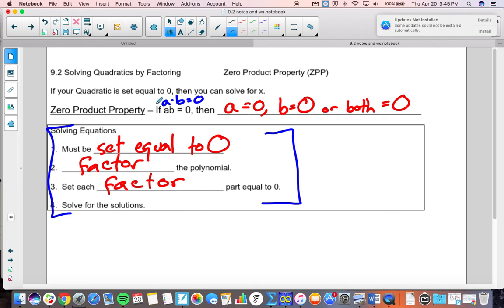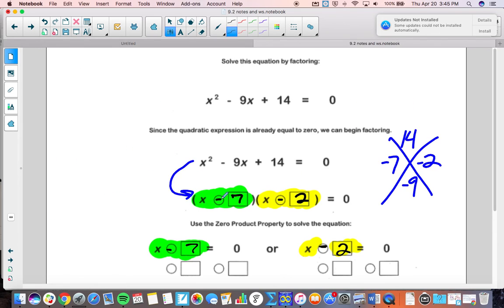That's the idea that if these two things multiply to equal 0, then one of them has to be 0. So here's the two things that I'm multiplying together. Now we're not talking numbers, we're talking expressions. When these two expressions get multiplied together, it equals 0. So either this one equals 0 or this one equals 0. That's why I've set them equal to 0.